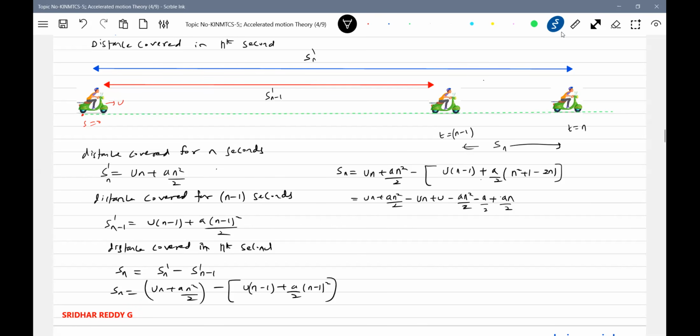Okay, this un and un will get cancelled out. Similarly, an square by 2 and an square by 2, these two will cancel out. So what will be left over? What will be left over is u plus a by 2 into n minus 1.